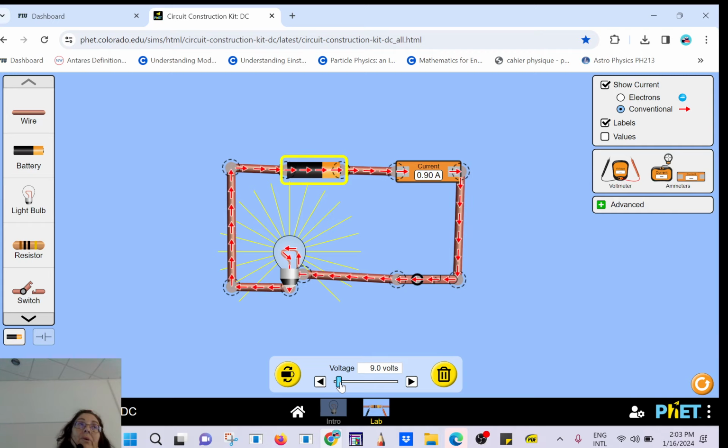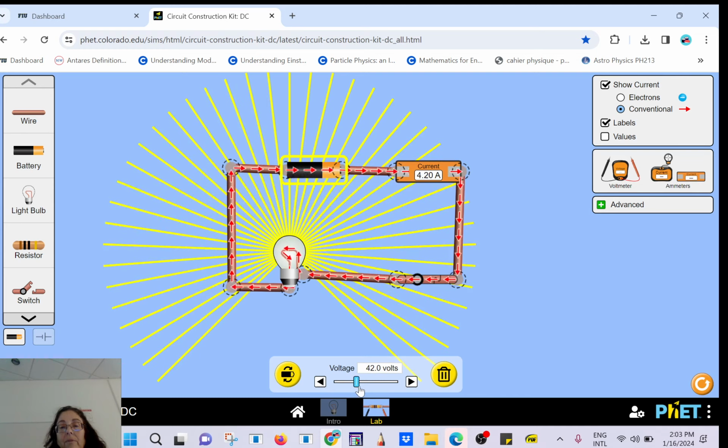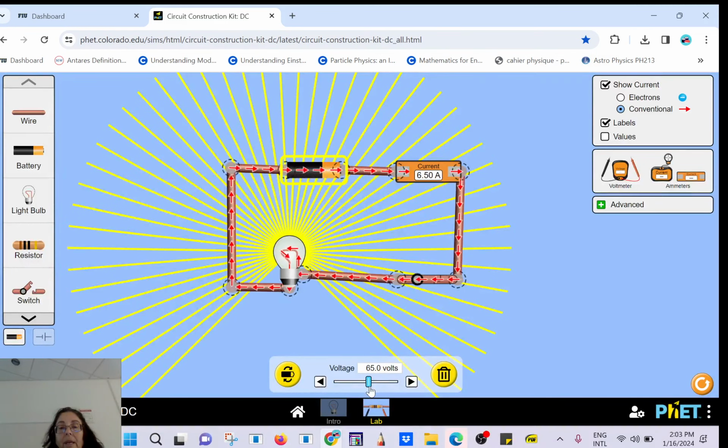You are pushing the charge with more strength, and the charges are moving faster, so it's delivering energy faster. It means the power will be larger, because power is energy per unit second. So that will be the current here.